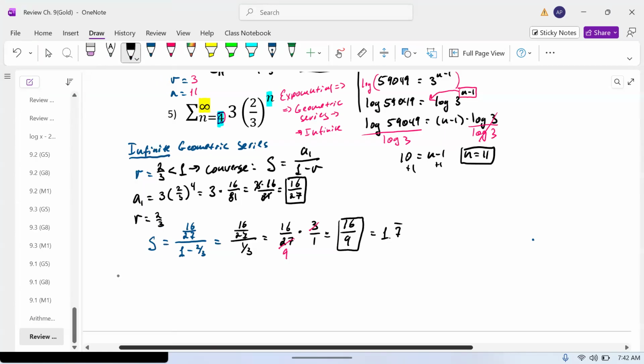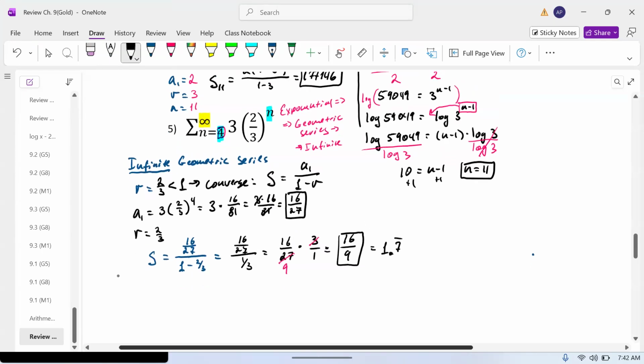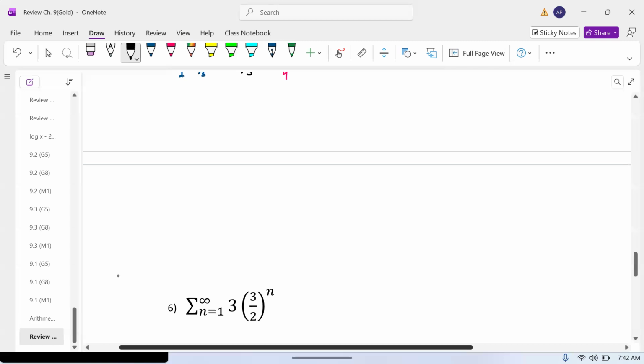It doesn't matter which answer you produce. In this case, the fraction answer is more accurate, and I prefer those, but it doesn't really matter. But please be careful whenever you have an infinite geometric series. First of all, you need to confirm: is it going to be converging or diverging?